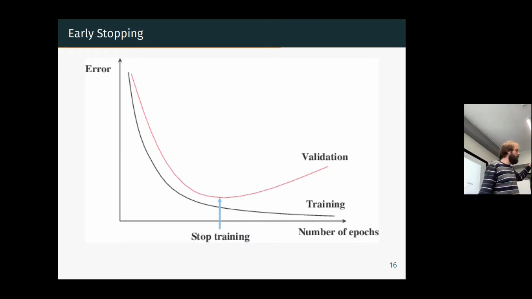Do you remember that? So the idea of early stopping is you keep in memory the previous version of your model, the previous weights, and if you see that your validation error starts to increase, you say, okay, I stop, and I keep the version I had when the validation error was at its minimum.